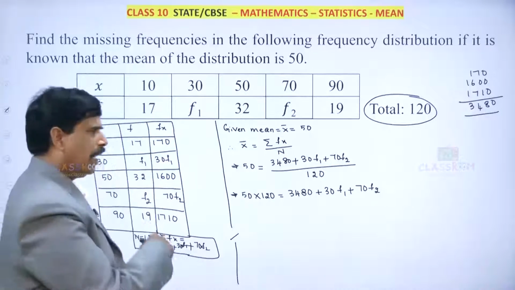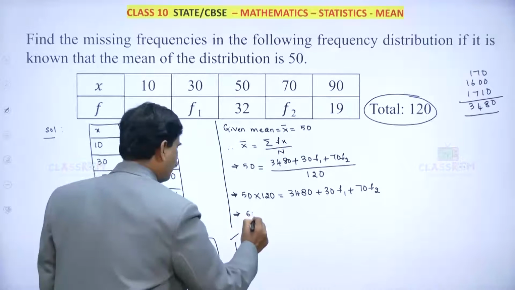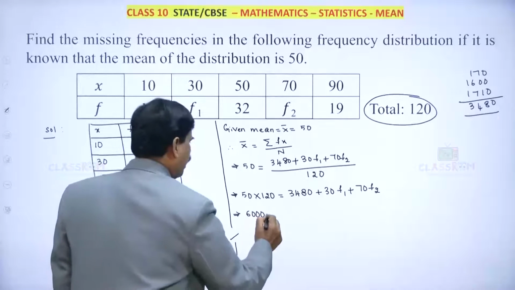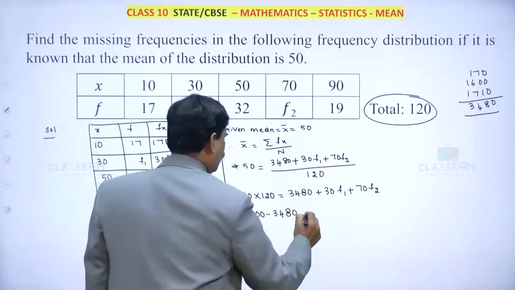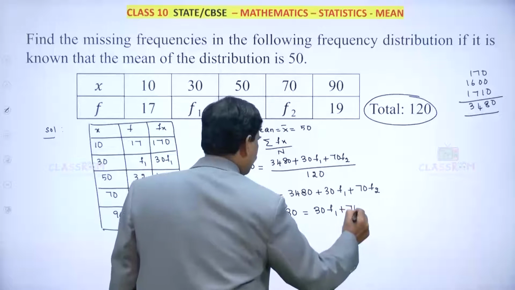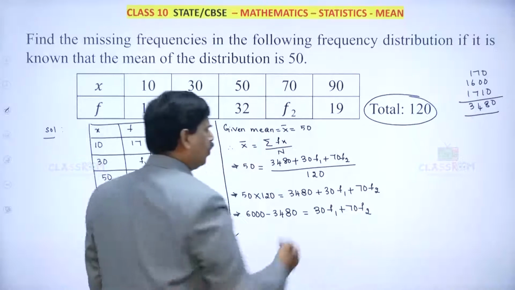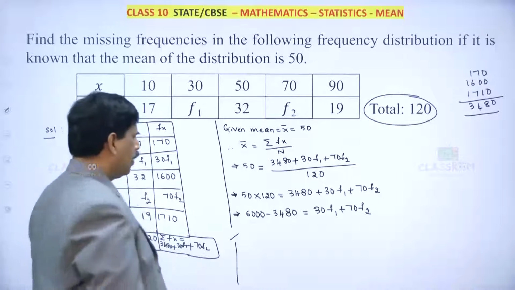Now get that 3480 this side, children. 12 5s are 60. So it will be 6000 minus 3480, which is equal to 30 f1 plus 70 f2, children. So you will get one equation in terms of f1 and f2.